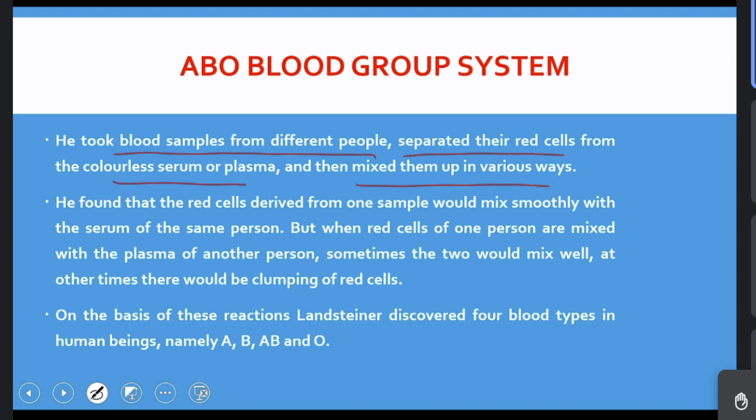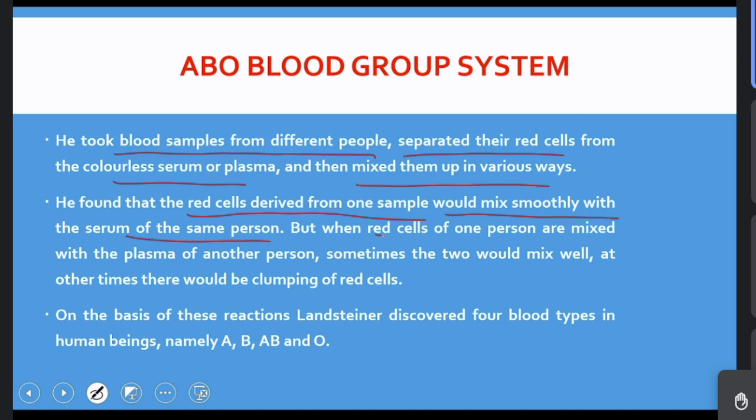He found that the red cells derived from one sample would mix smoothly with the serum of the same person. So the same blood that is taken from me is mixed with my blood, it mixed smoothly. There is no breaking of the RBC, which we call clumping or agglutination.